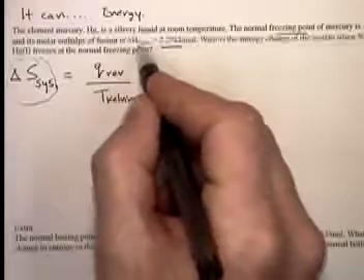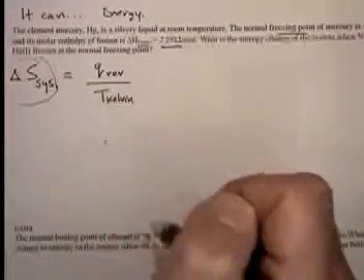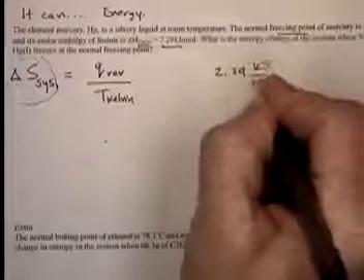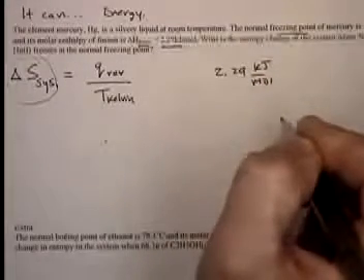Well, we're told that the enthalpy of fusion, now the enthalpy or the heat of fusion, is simply the heat when something is changing phase. In this case, fusion means fusing from a liquid to a solid. And we're told that that's 2.29 kilojoules per mole of the substance.